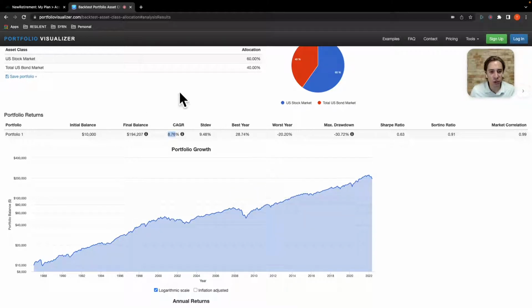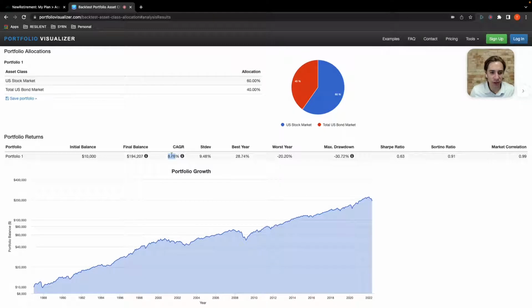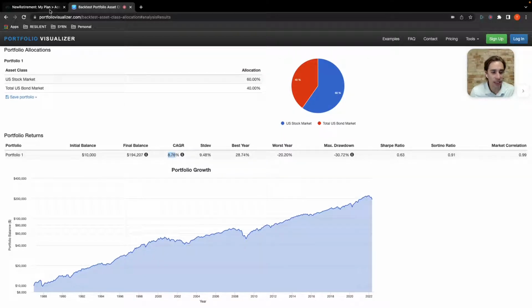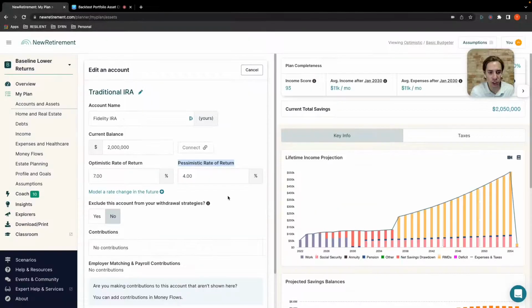So by running this, you have a starting point to say, okay, 8.76, I could use that as the optimistic rate of return. You could literally just plug in the 8%.